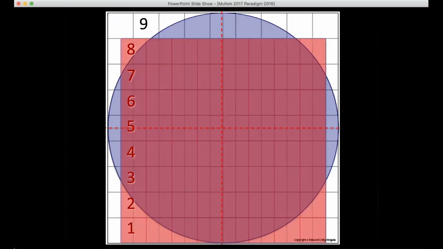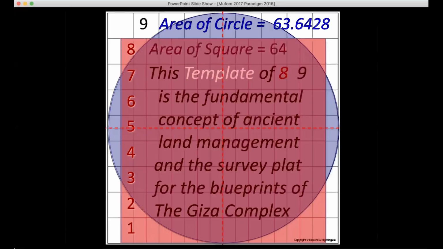You take the radius of a circle that is 9 units in length, take 8 of those units and square it, and you'll come up with the approximate area of the circle.